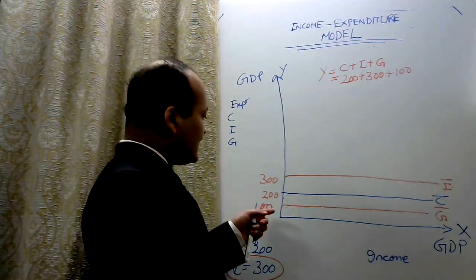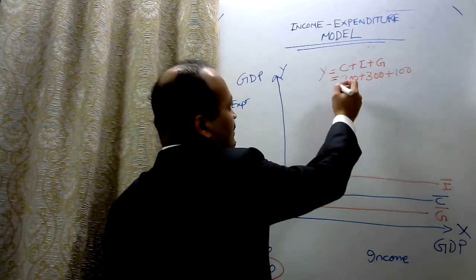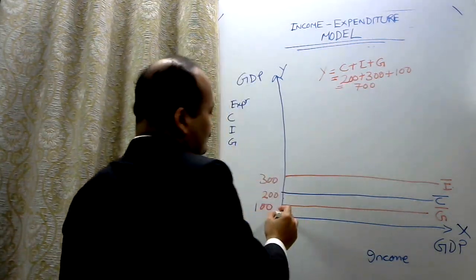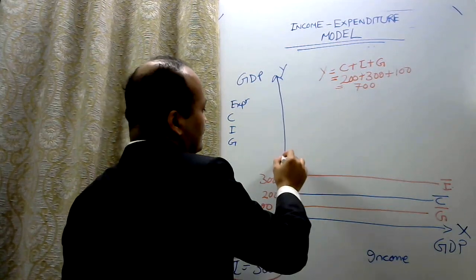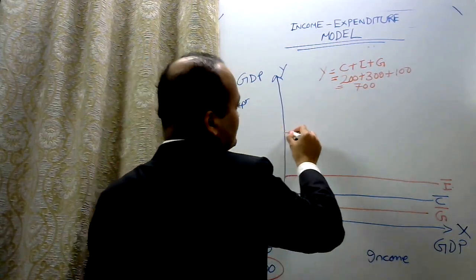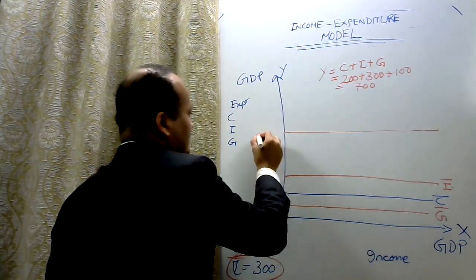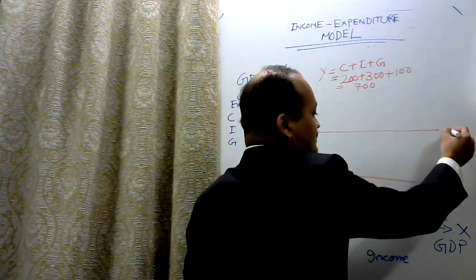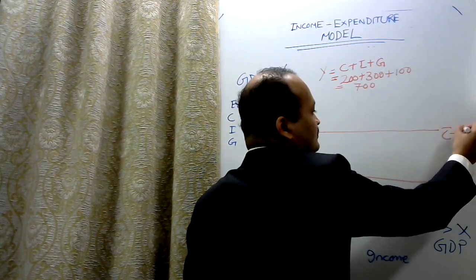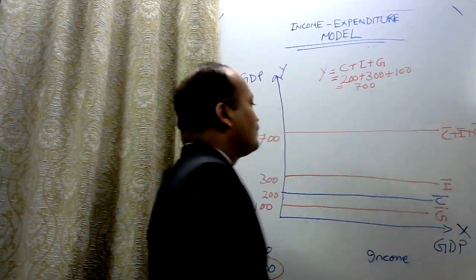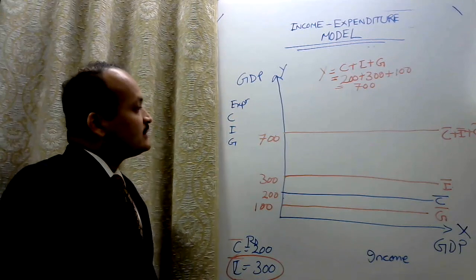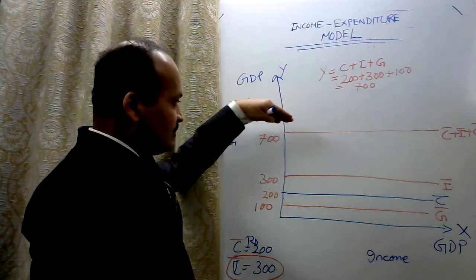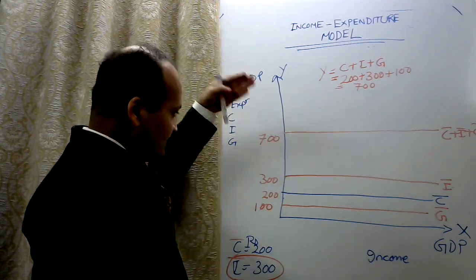If I add all this, how much is it? It is equal to 700. So this will be somewhere around 300, 400, 500, 600. Suppose this is my 700, which is nothing but C bar plus I bar plus G bar. This is the level of expenditure in this economy, say, 700 rupees.